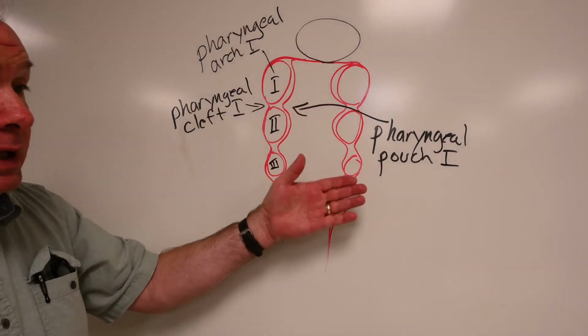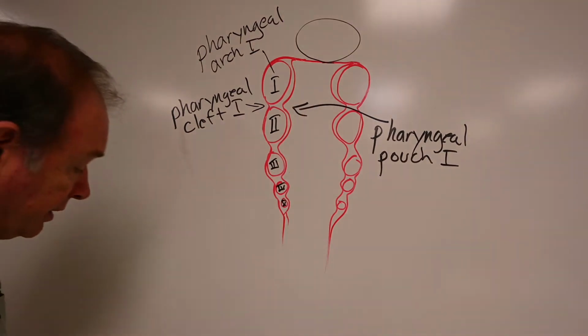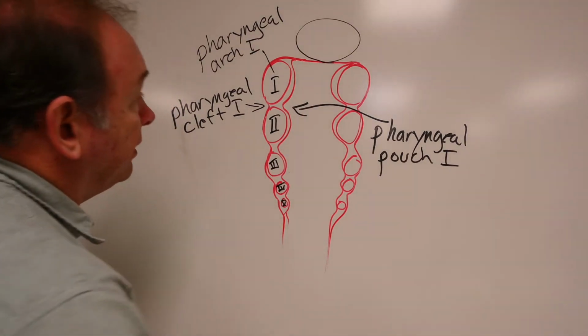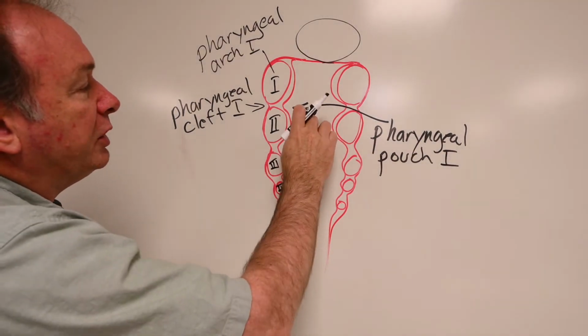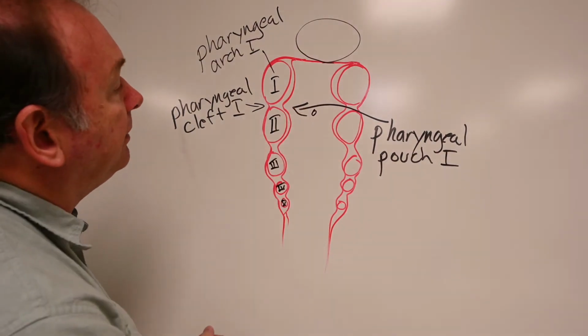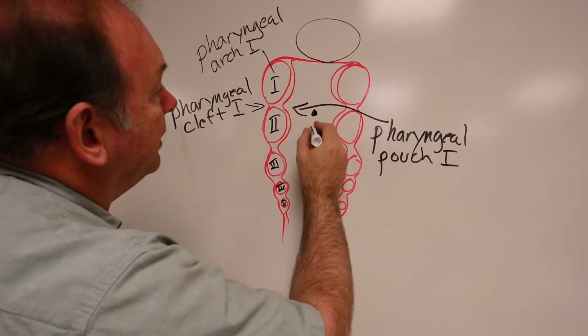This is a section looking down on the floor of the pharynx. Also in the pharynx here, there's a depression about right here from which we will develop the thyroid gland. It's known as the foramen cecum.